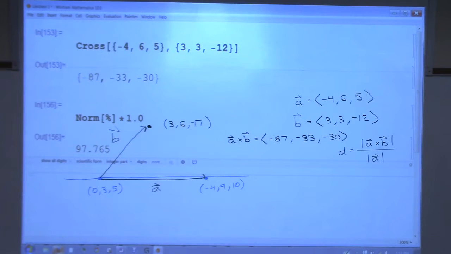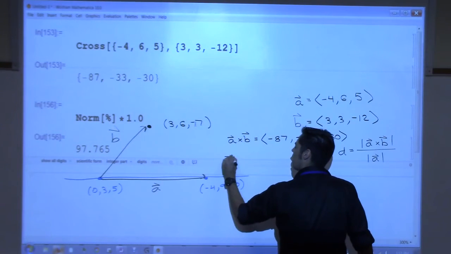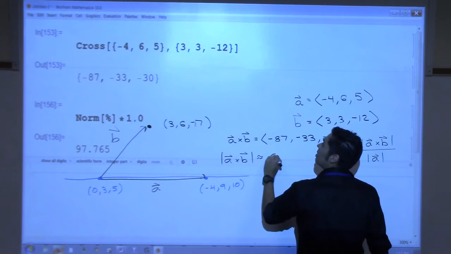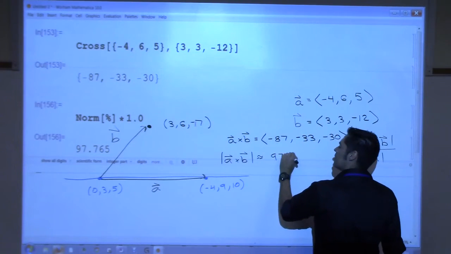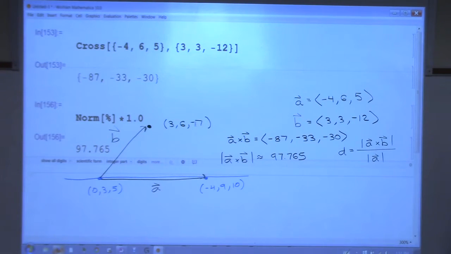Anyone get 97.765 for the top? Yes? All right, so we're ready to put this in here. The magnitude of the cross product is approximately 97.765. That's the top. And then the magnitude of A. What's the magnitude of A?